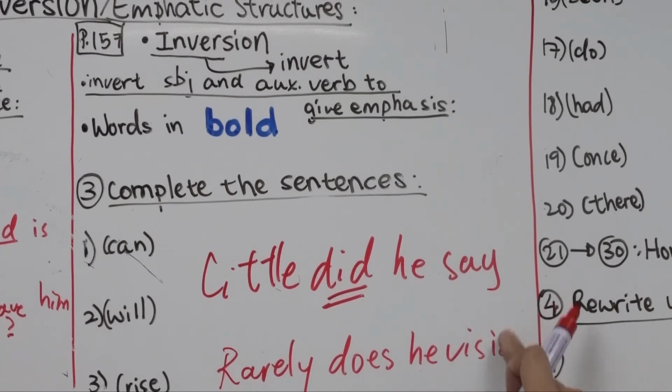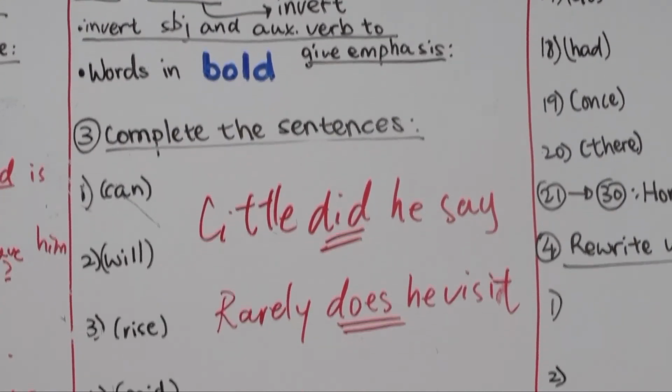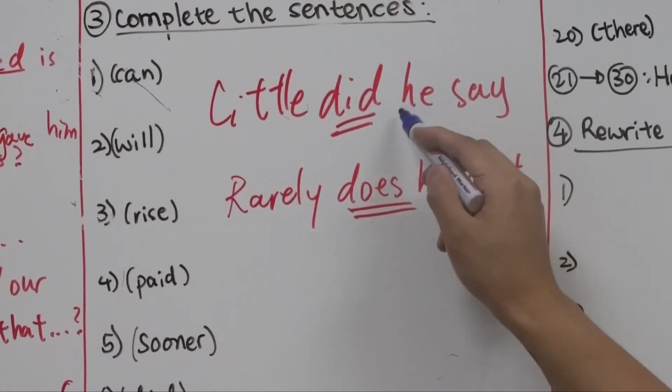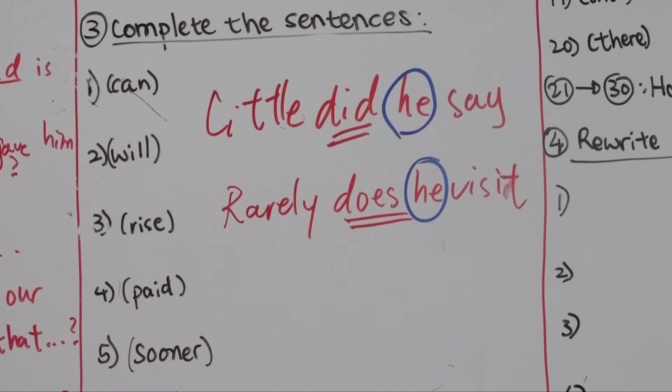Emphatic, from the first part. But what we want to look at here is the inversion. So what would be the inverted part? The subject and the auxiliary verb. So which one should we change it with? "Did" and "does." So how would that be in the normal sentence structure?